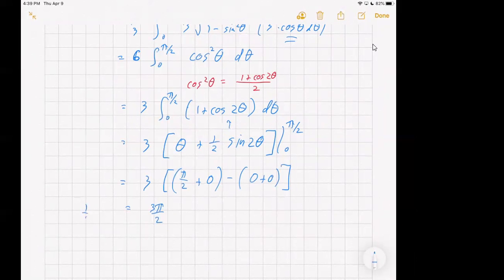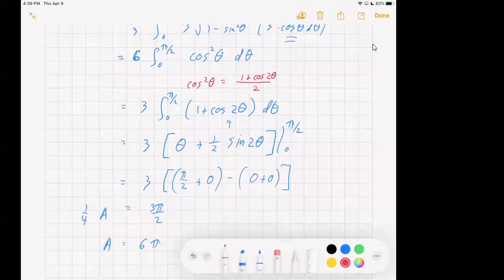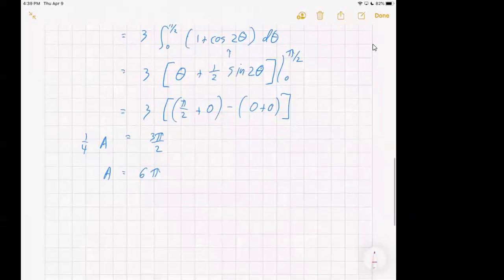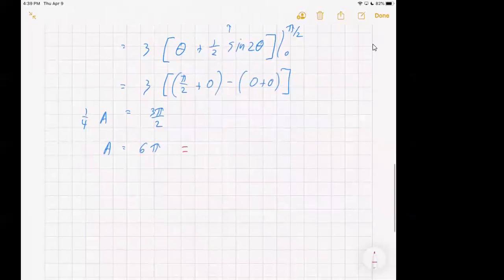Now remember, that was 1/4 of the area. So the area ends up equaling 6 pi. Now what might not be so obvious is this is actually equal to the product of the semi-major axis and the semi-minor axis times pi.